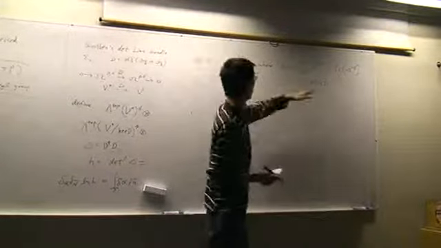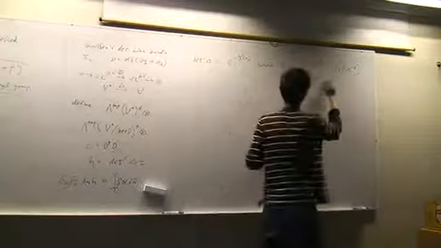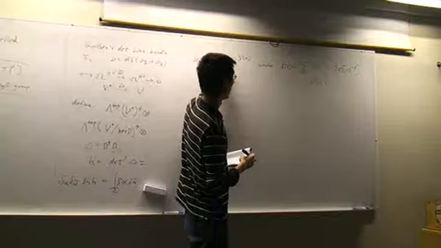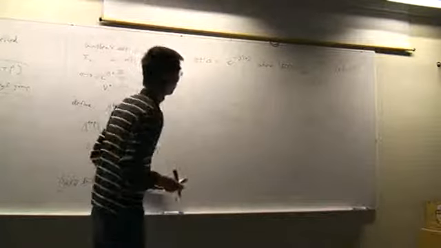And then you sum them all up, take an exponential, and the exponential converts this to the product of all the lambdas, so it gives you the determinant.